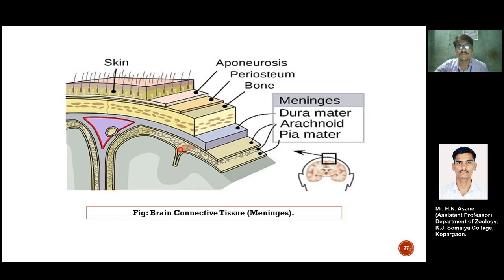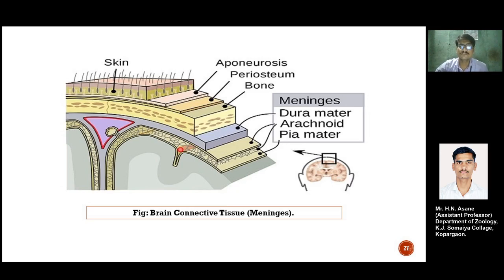Below the bone, the three types of matter referred to as the meninges are present. The first one, right below the bone, is the dura mater. These are tough like bone, which means the protective layer to our brain is increased.